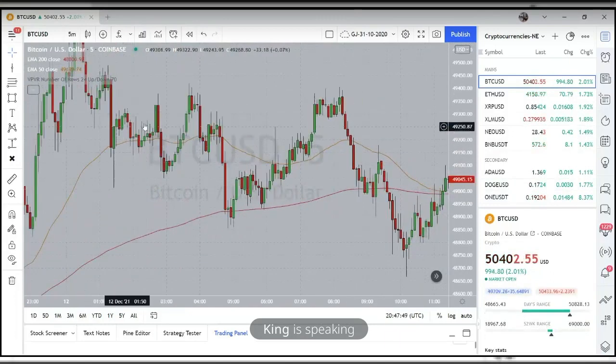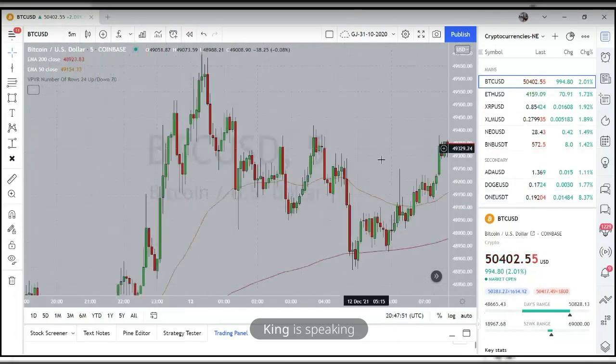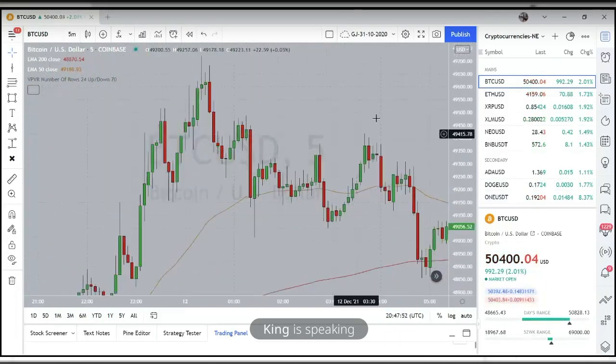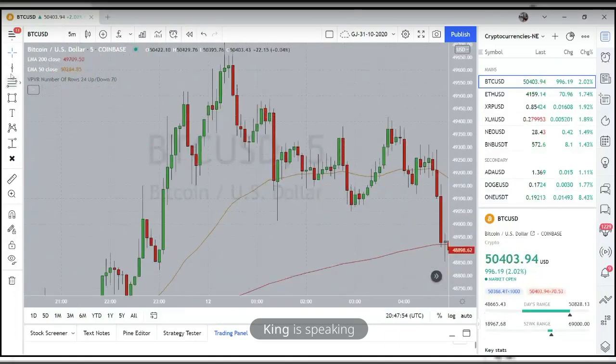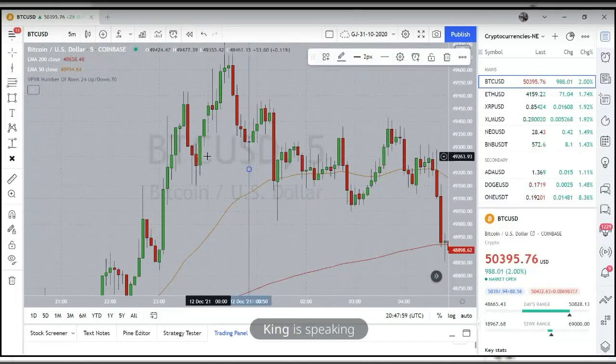So the main one people look at are dojis, which is this one here. And they usually come around reversals, and at the bottom of power of 3 formations.